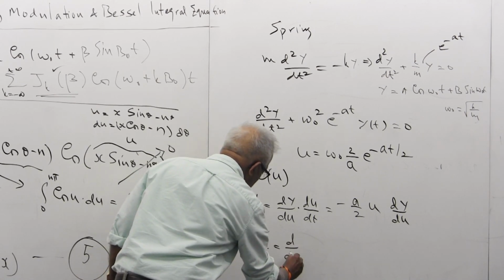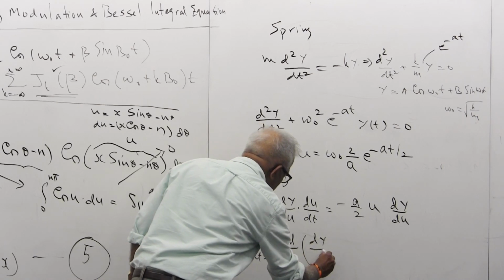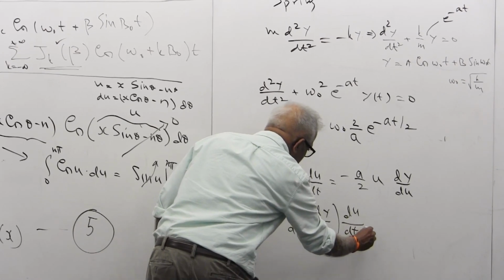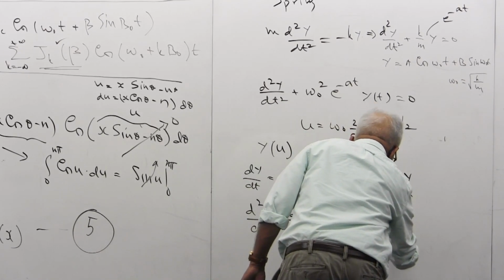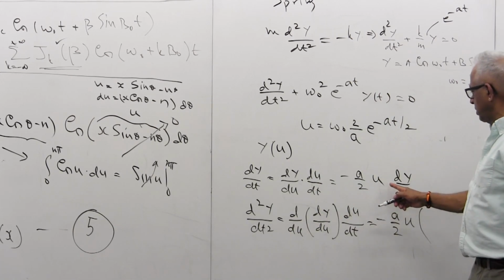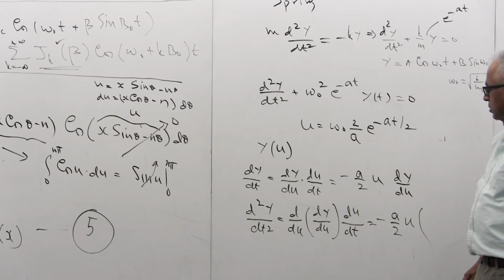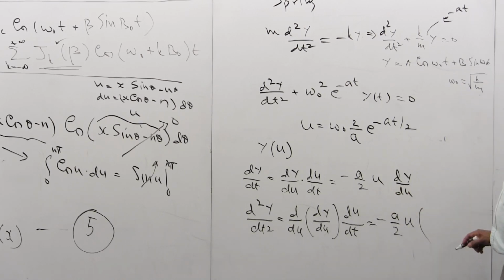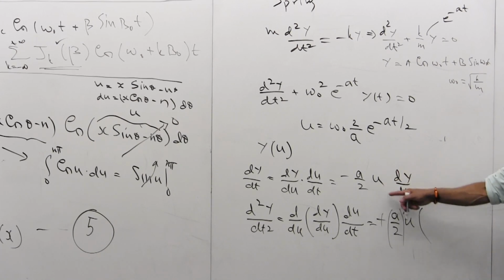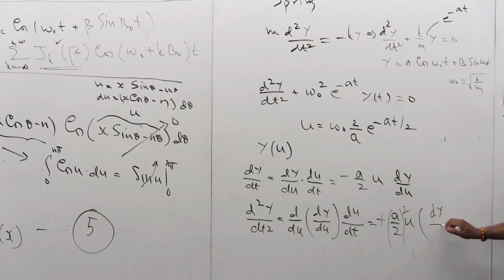So that is d by du of dy by du multiplied by du by dt. So that is minus a by 2 u, and the derivative of this quantity with respect to u. So one more minus a by 2 will go outside, so that is a by 2 the whole squared. The derivative of this with respect to u is dy by du plus u d squared y by du squared.